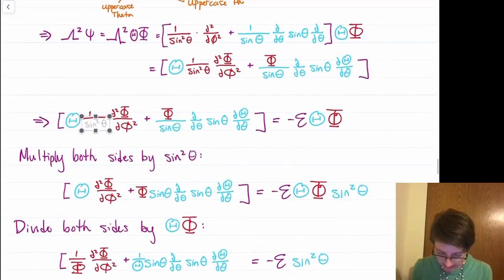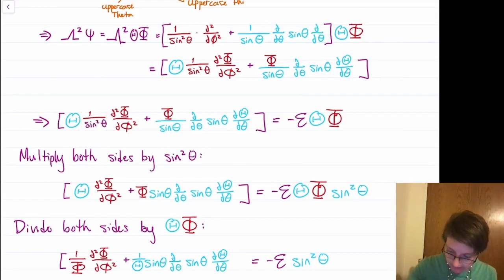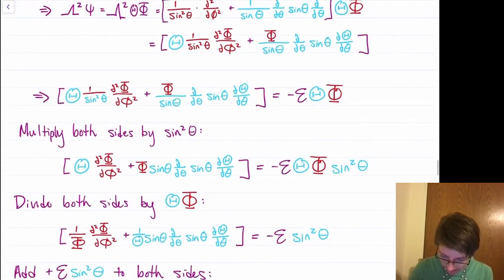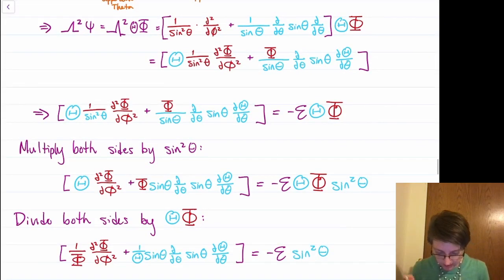Next thing I'm going to do is divide both sides by my theta function times my phi function. That starts to clean things up a lot better than it was before. In particular, I now have a term on the left-hand side that's just red terms, plus a term on the left side that's just blue terms. That's all good so far, is equal to a term on the right-hand side.